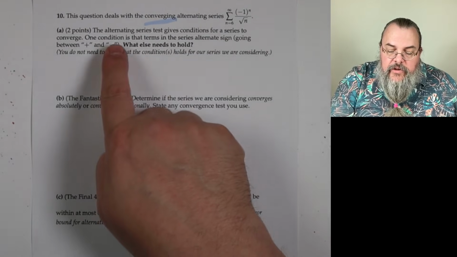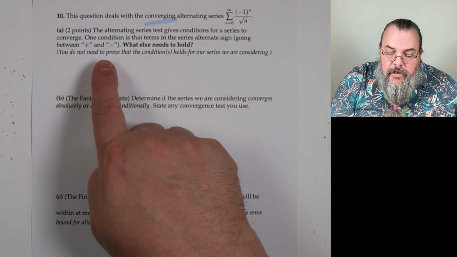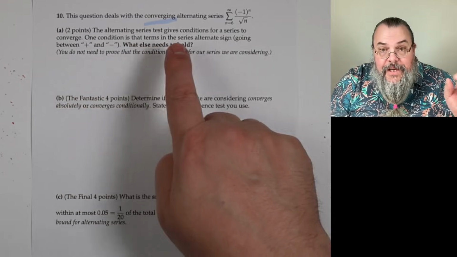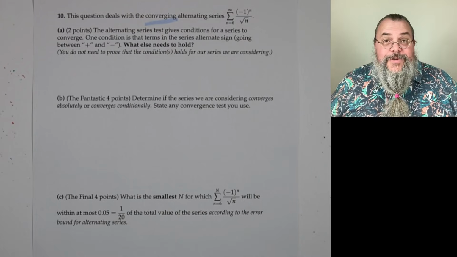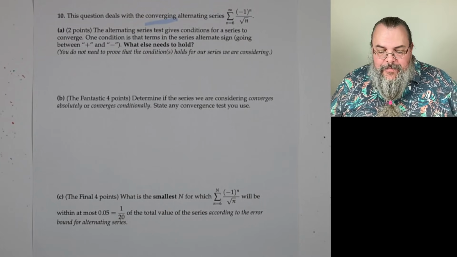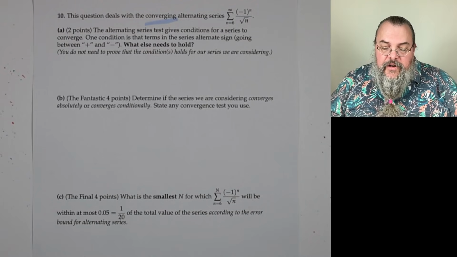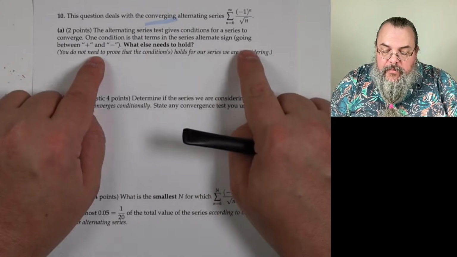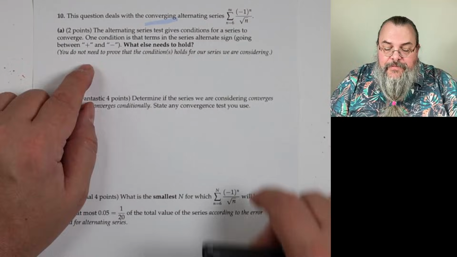The alternating series test gives conditions for a series to converge. When it's late on a test, sometimes it's easy to miss some words. One condition is that terms in the series alternate signs, going between plus and minus. Hence the name alternating series. That's this minus 1 to the n.